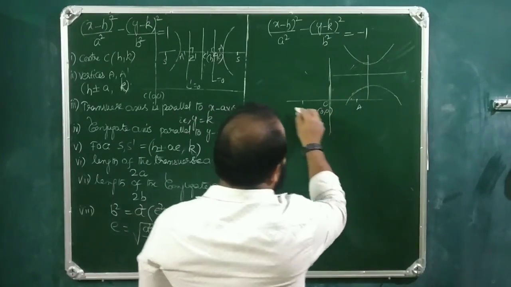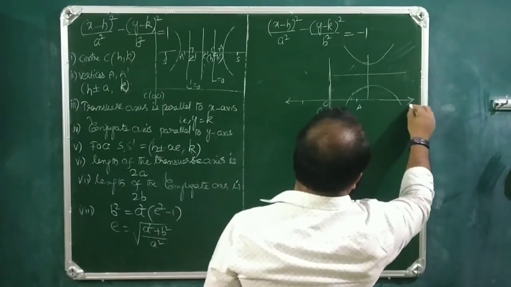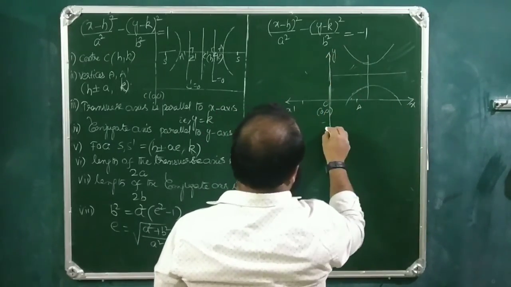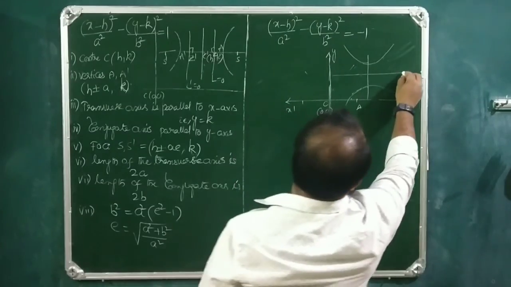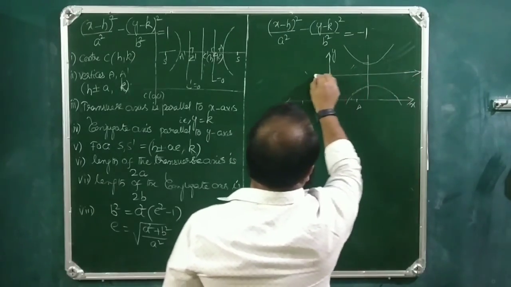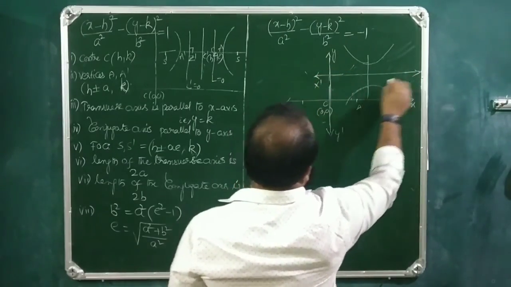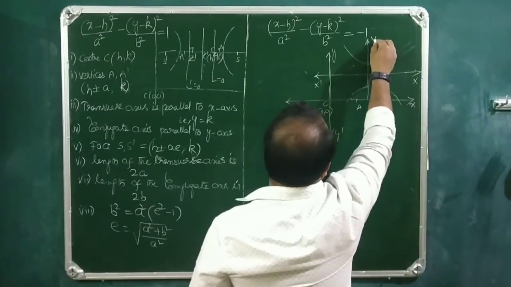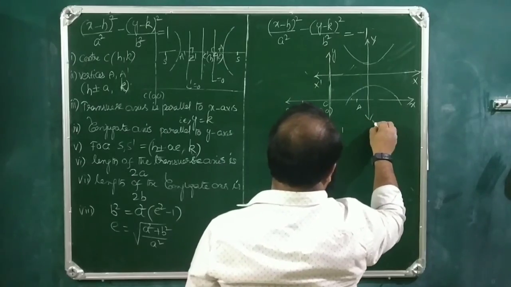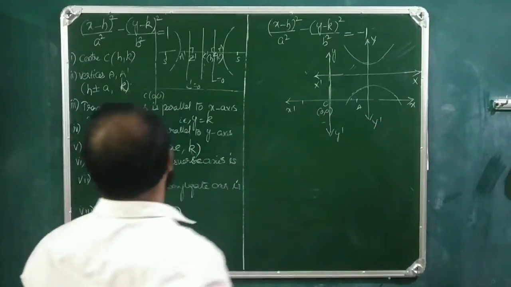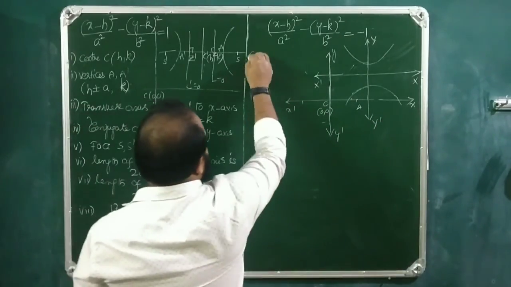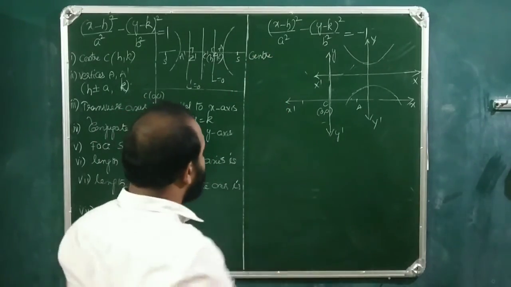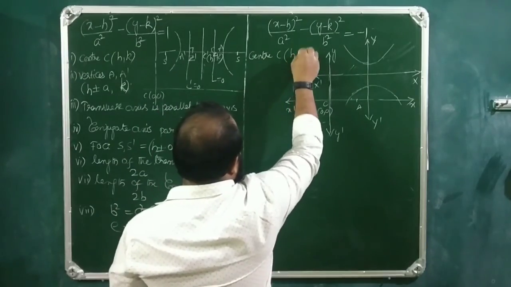So this is the coordinate axis, X dash, this is Y dash. So the new coordinate axis is capital X dash, capital Y dash. So here also the center is h comma k.